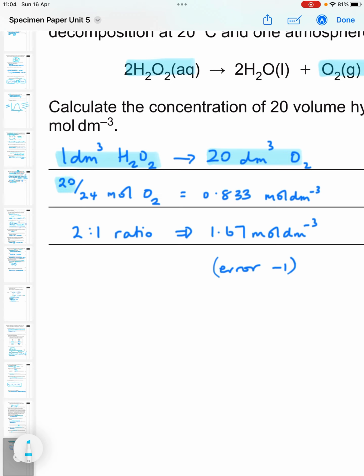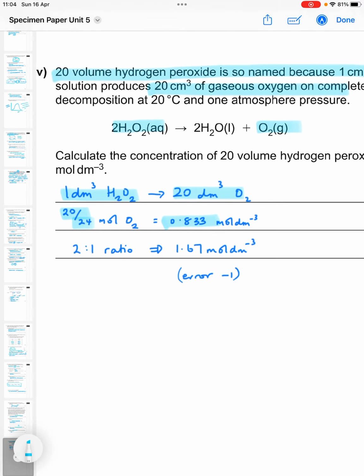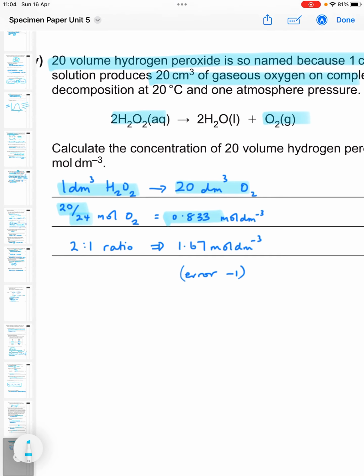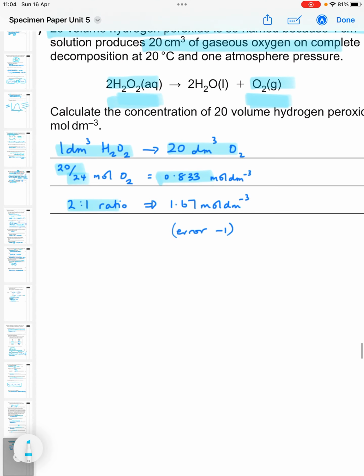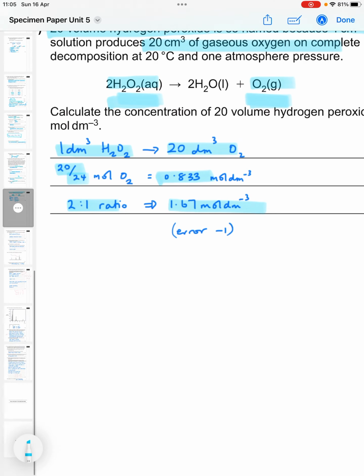So to work out the number of moles of oxygen, we just do 20 divided by 24. That's the volume we'll have divided by the volume of 1 mole, which gives 0.833 mole per dm cubed. And then we've got a 2-to-1 ratio here for the hydrogen peroxide to oxygen. So the concentration of the hydrogen peroxide must therefore have been double the 0.833, which is 1.67 mole per dm cubed.